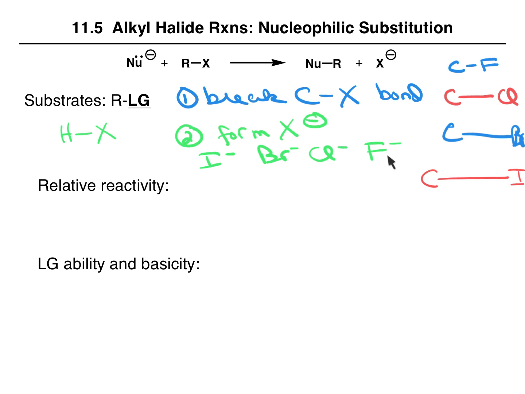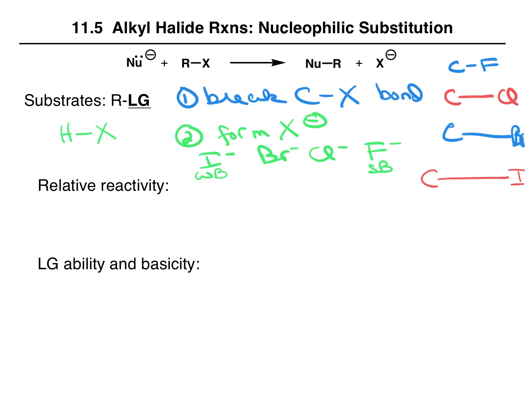Even though fluorine is the most electronegative, and then the electronegativity decreases in this direction, because we have such a big difference in size, size is what matters. This is so big, it can easily bear that negative charge, which makes this a very weak base, which makes it very stable.